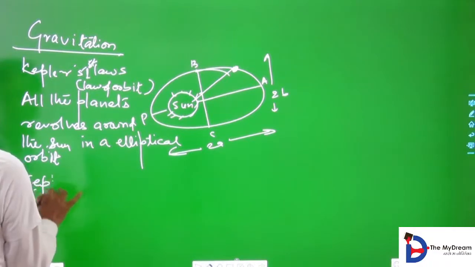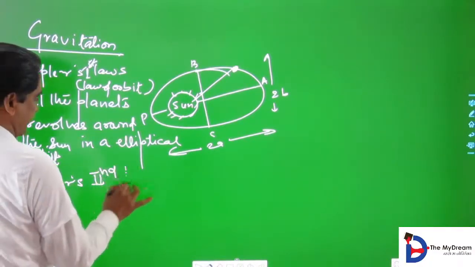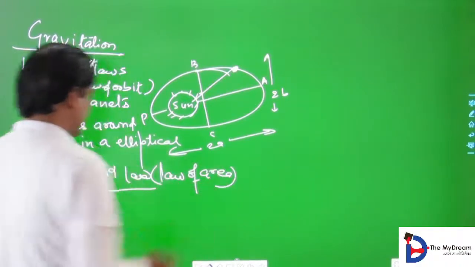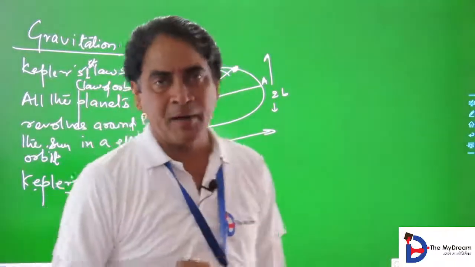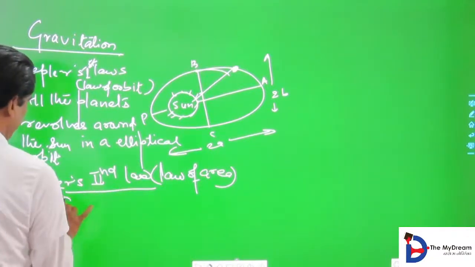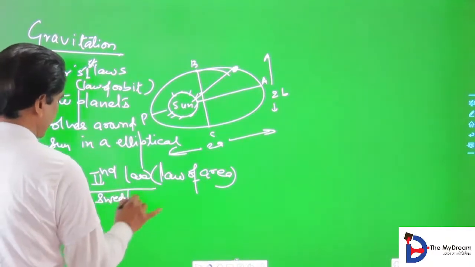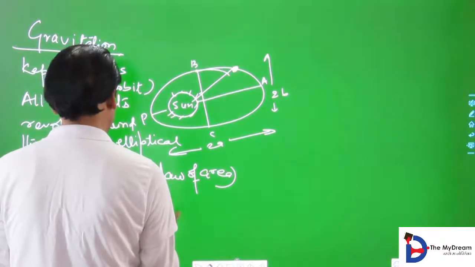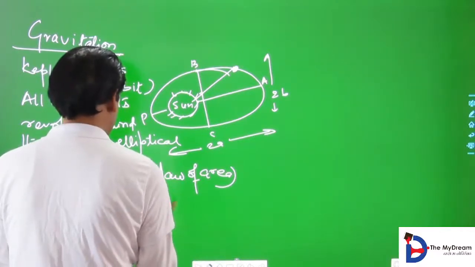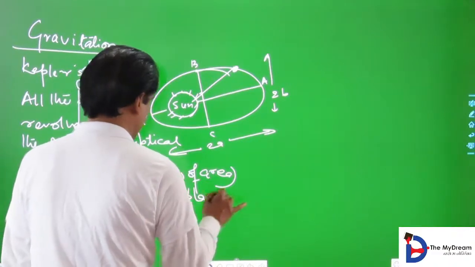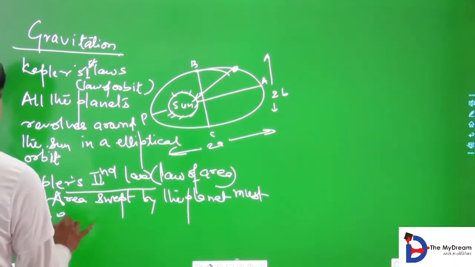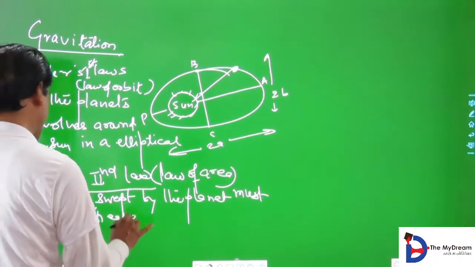Kepler's second law, that is the law of area: the area swept by the planet must be equal in equal intervals of time.